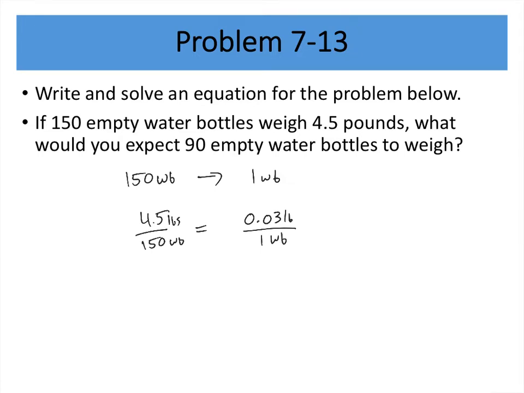And then if I wanted to know what 90 would be, it's just a scaled multiplier. So is equivalent to 90 water bottles per how much weight. And so I take 0.03 and multiply it by 90. We know that 2.7 pounds for 90 water bottles. And so this is actually just a linear function, and I wrote a bunch of different equations that are equivalent. I mean, essentially, it's just a big proportions problem.